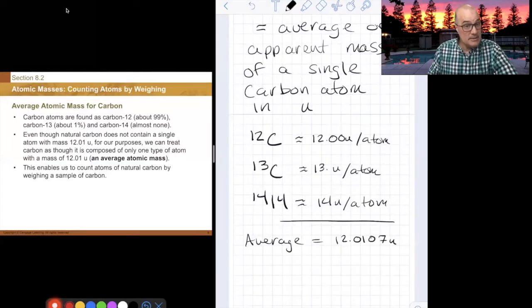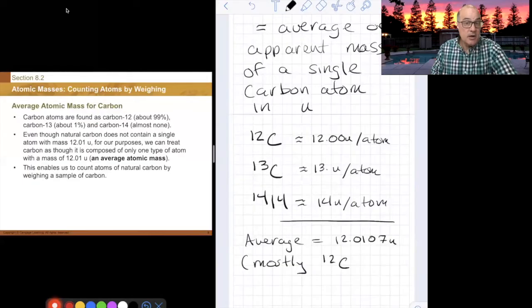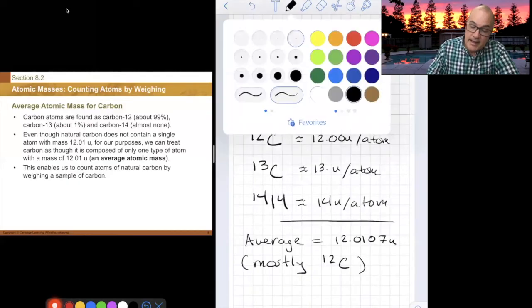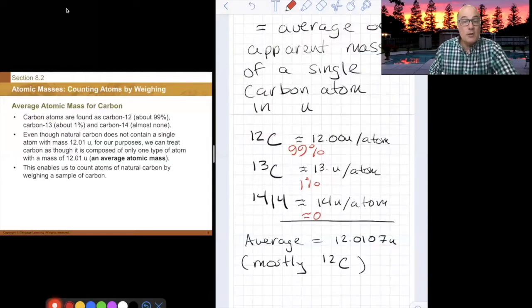So one thing you should be able to see from these numbers, and it's an average, is that naturally occurring carbon is mostly carbon 12, because the average is very close to the mass of carbon 12 atoms, which is going to be very close to 12 U. It turns out that the percent is about 99% carbon 12, about 1% carbon 13, and almost no carbon 14 naturally.